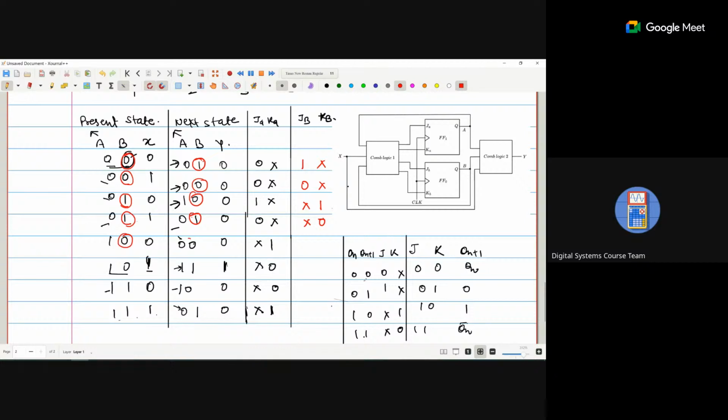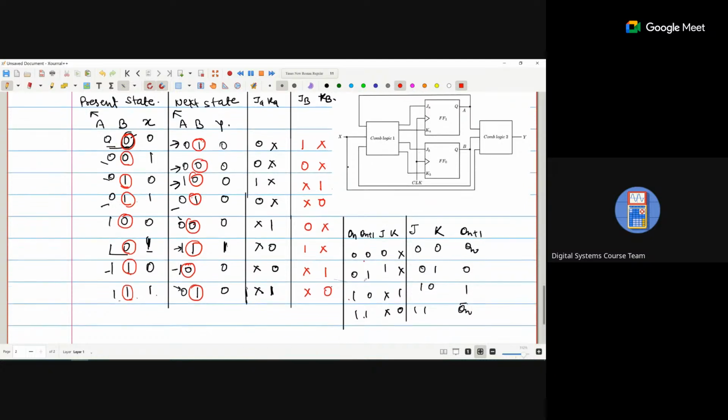For 0 and 0, it is 0 cross. For 0 and 1, it is 1 cross. For 1 and 0, it is cross 1. And last one for 1 and 1, cross 0. Now can I draw a K-map for J?